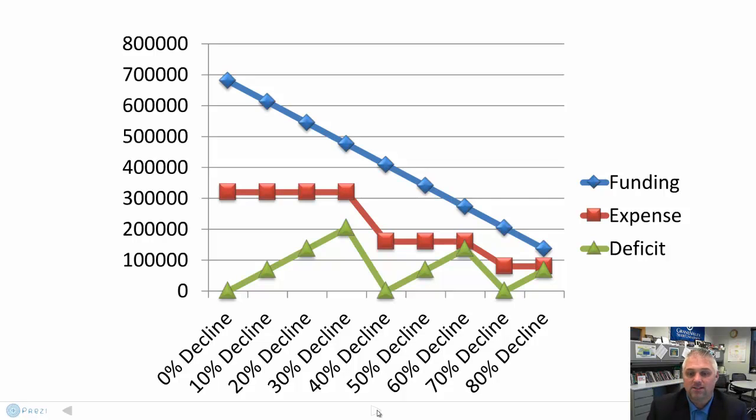So the message here is, even though you may be reducing your students, that does not equal the same level of reduction in staffing, because you still have this feel that you have to provide sections based on classroom ratios. If you get above 34, 35, 36, regardless of what the research says, you're going to get declining enrollment because parents are going to leave your district.